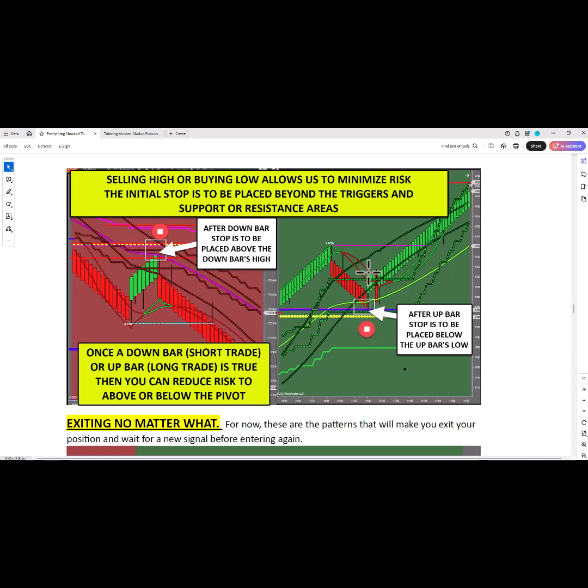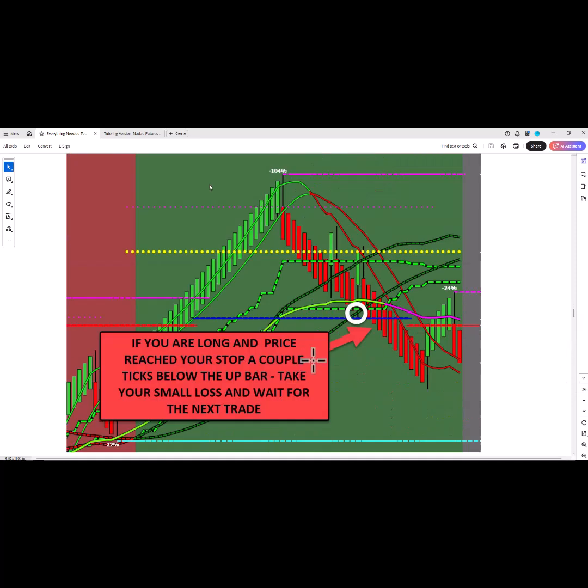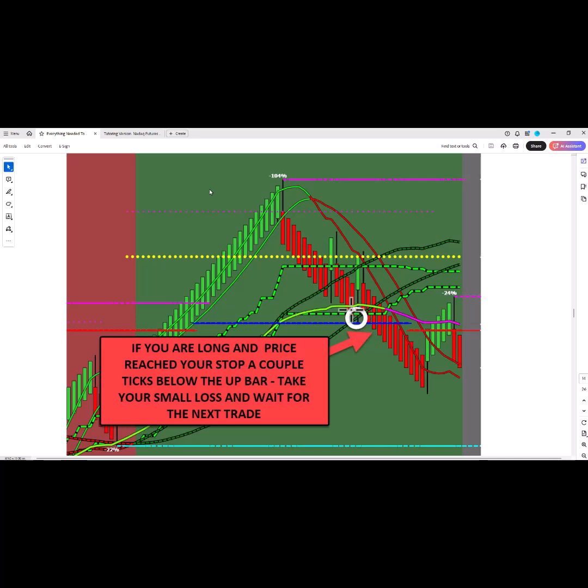And then once they start making up bars, obviously, that's where we start trailing our stops. And you will find that when you get the up bar, down bar from the perfect spot, if they take it out, it's going to go a lot further. So if you were long and you get stopped out, you're done.